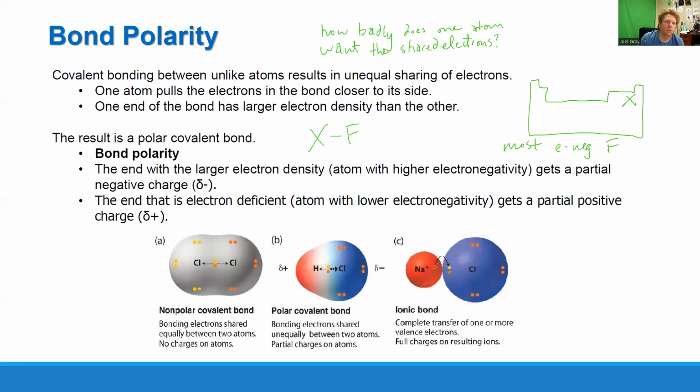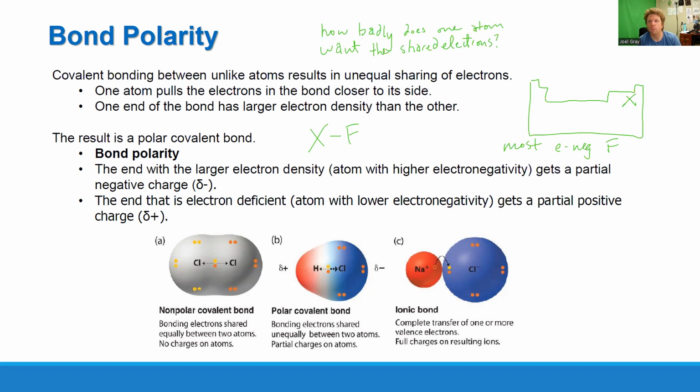Now, with that in mind, when we have a bond where electrons are not shared evenly, this is known as bond polarity. So bond polarity is where one atom wants electrons within a bond more than the other. There are bonds that are considered to be non-polar covalent bonds.